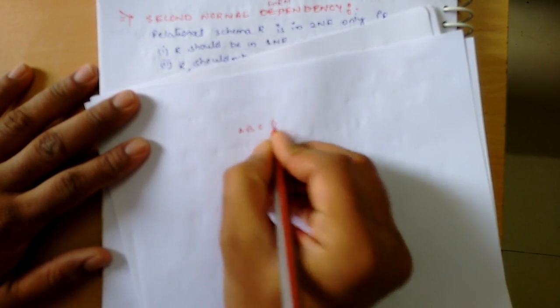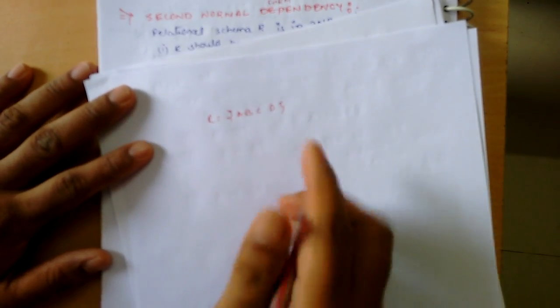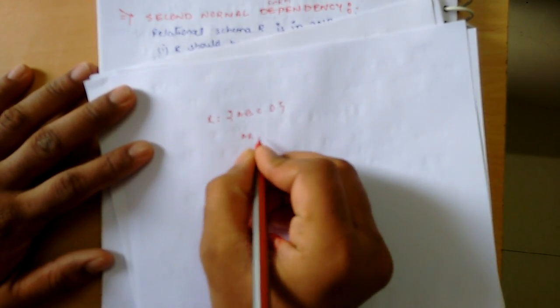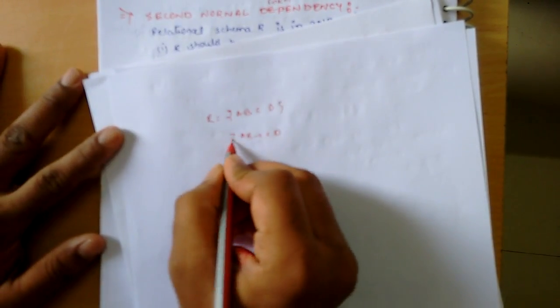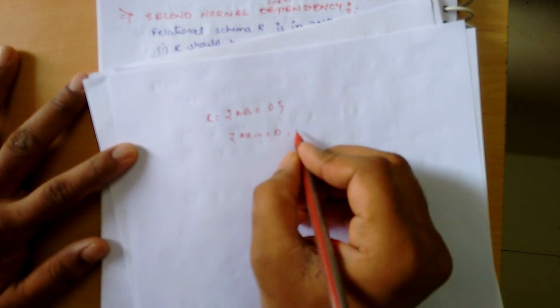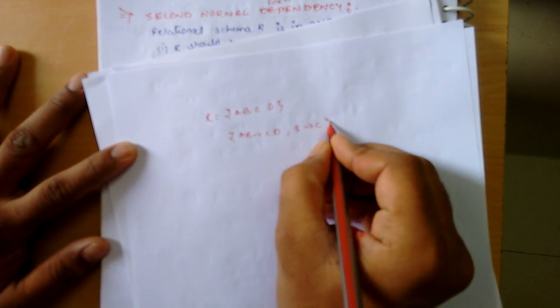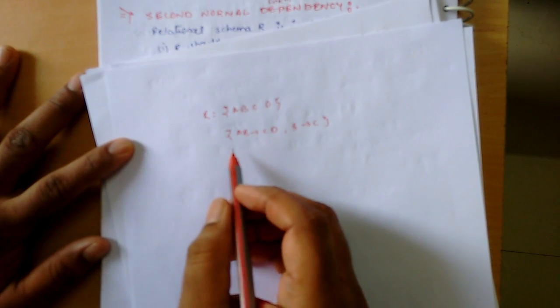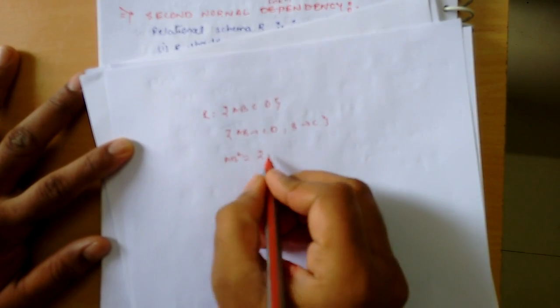Suppose there is a relation given as here, and functional dependencies are given as follows. Okay. So what is the candidate key of this relation?